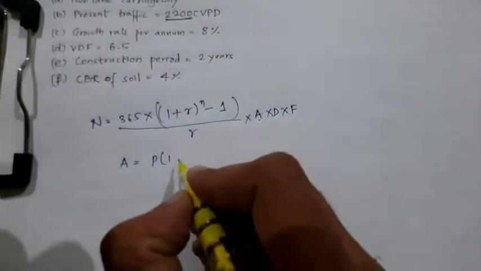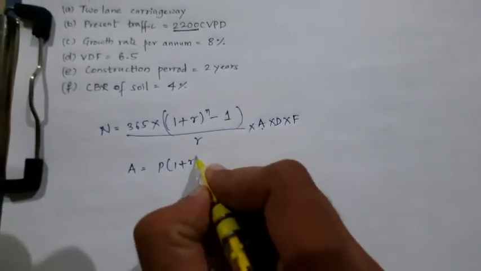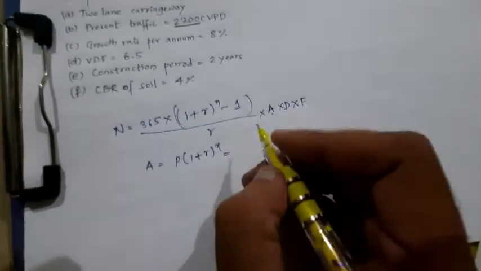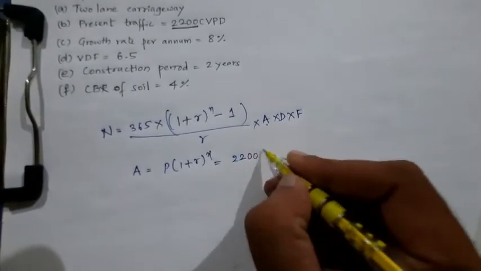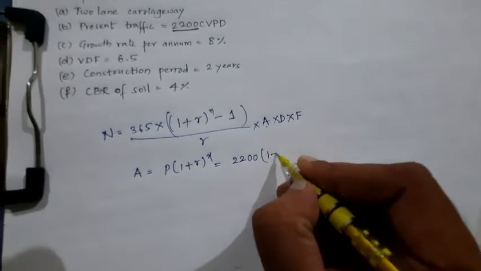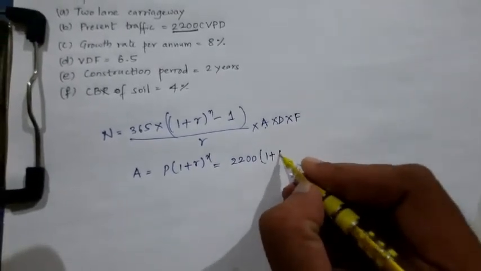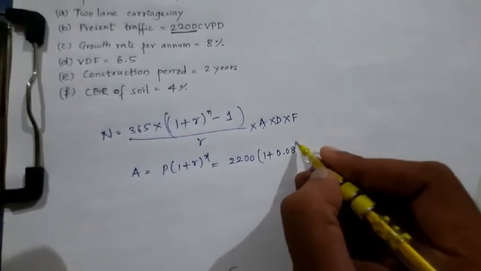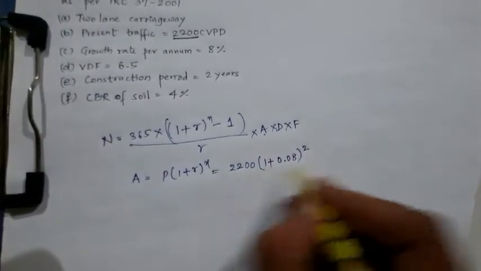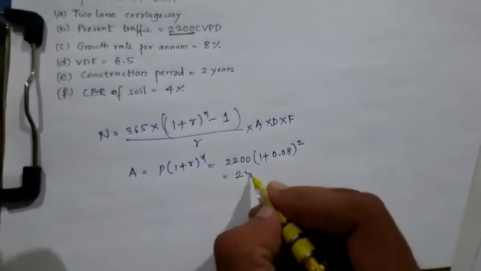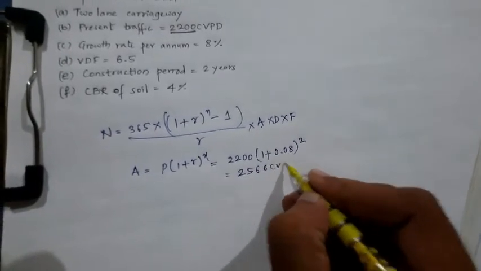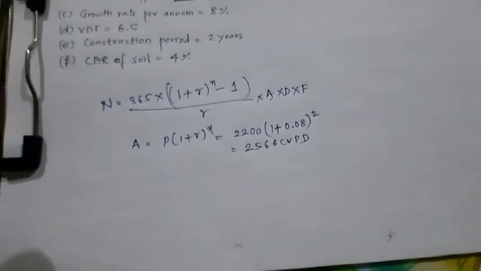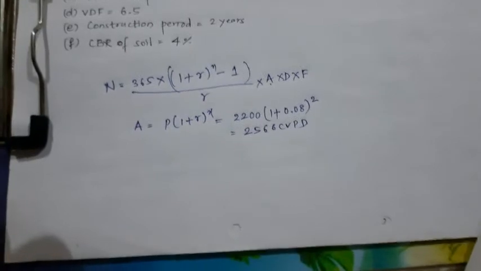So P (1 plus r) raised to x, where P is 2200, r is the growth rate of 8%, in the sense 0.08, and how many years? 2 years. If I calculate this, it comes to somewhere around 2566 CVPD. This is my A. If they have not given any construction period, then you take that directly as A.